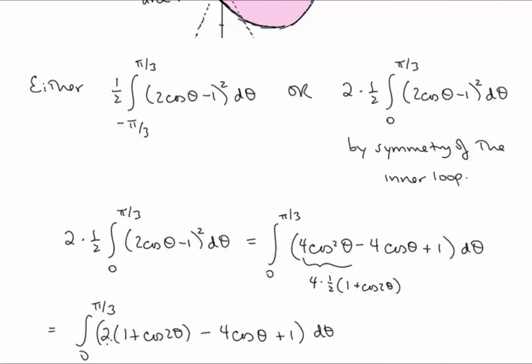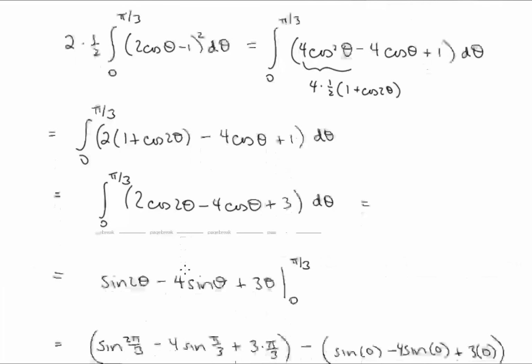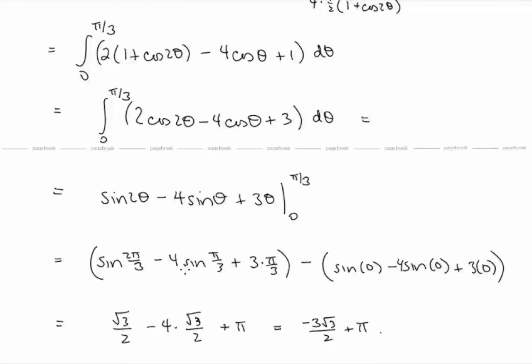And so we get 2 times 1 plus cosine 2 theta there. And we still have the negative 4 cosine theta plus 1. And multiplying this out and simplifying, we have a 2 here that adds with the 1 here, and that's going to give us 3. And then we have 2 cosine 2 theta here. And so then we'll integrate and plug in our bounds. And we get negative 3 radical 3 over 2 plus pi.